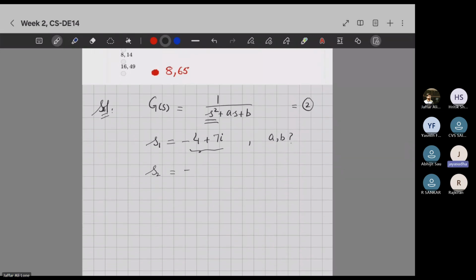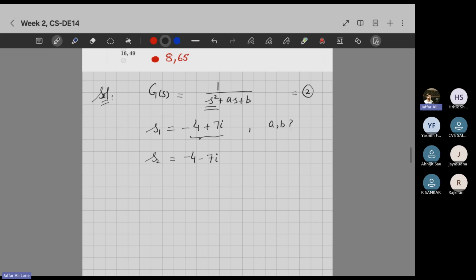-4 -7i. Very good. Why? Because complex poles occur in pairs. So if it is -4 plus 7i, the other will be -4 minus 7i.